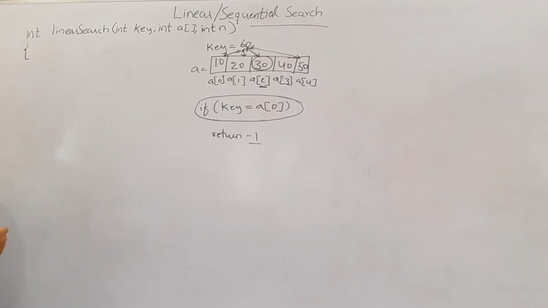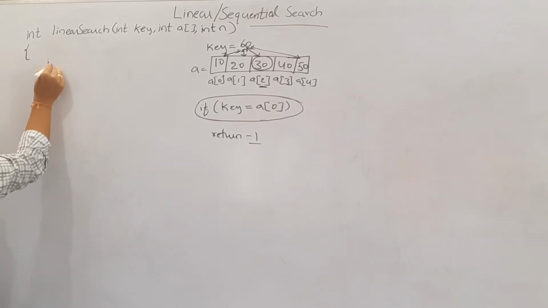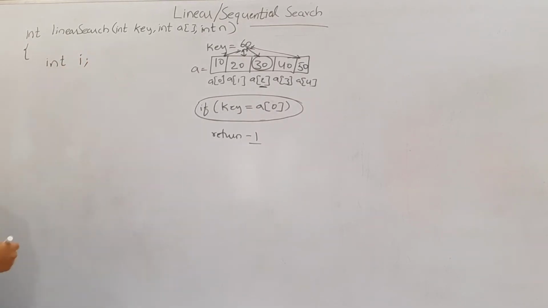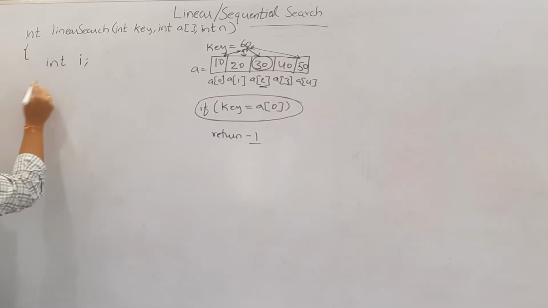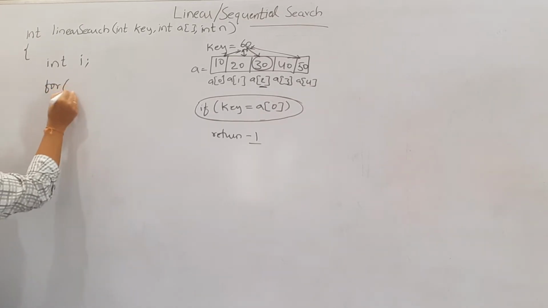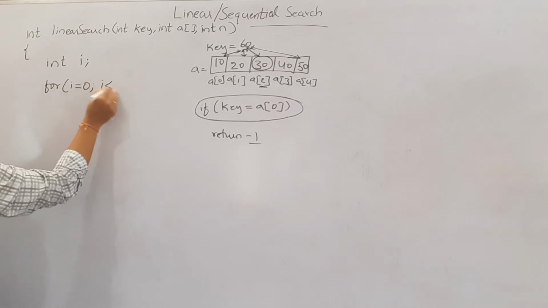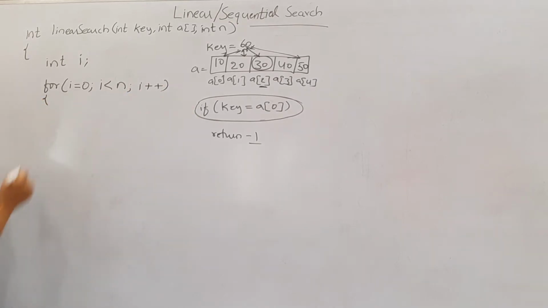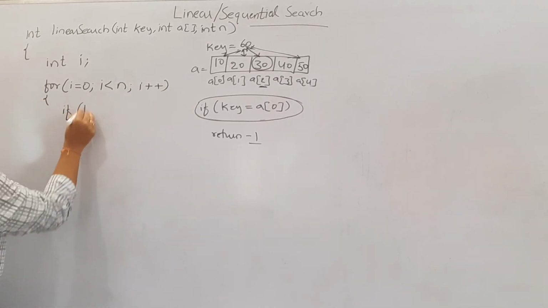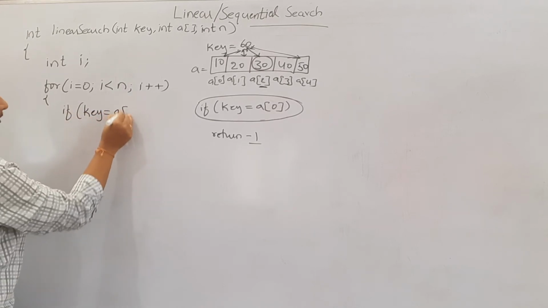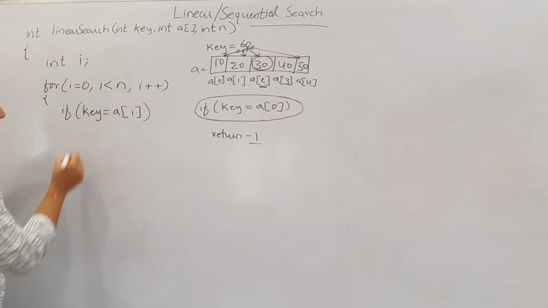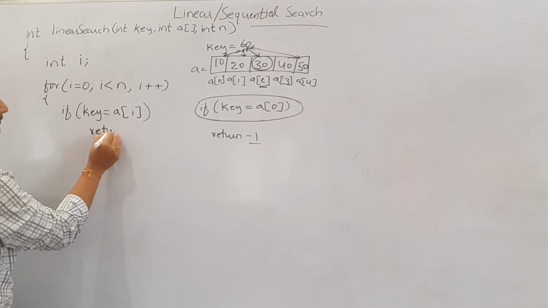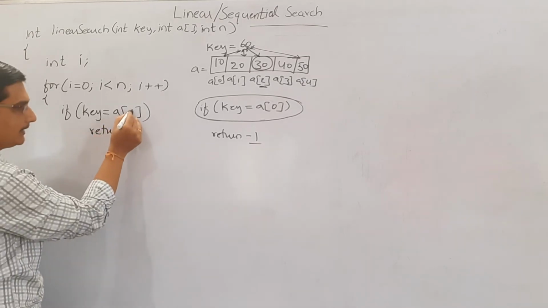To traverse through the list of elements, we need an index variable. So, let us declare an index variable i. Now, for i equal to 0, i less than n, i plus plus, we keep this statement here: if key is equal to A of i, then we return i, that is the position.